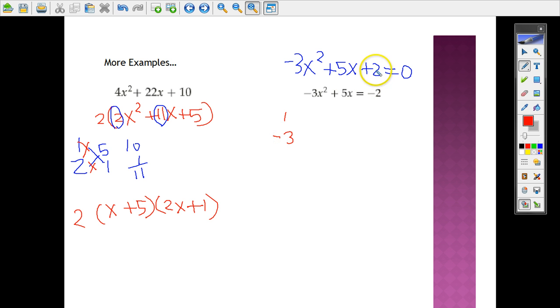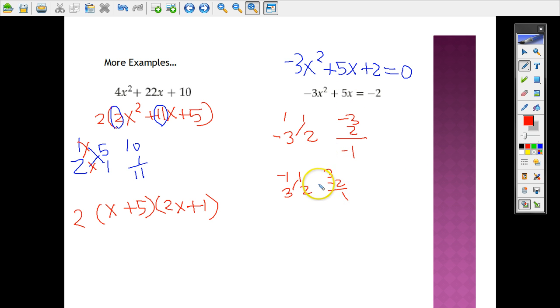And then you have 1 and 2. When multiplied, negative 3, multiplied makes 2, that makes it a negative 1. Okay, so that combination doesn't work. Let's try negative 1, 3, 1, 2. That's 3. That makes it negative 2. That doesn't work. That's positive 1.